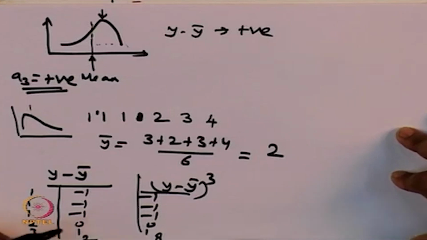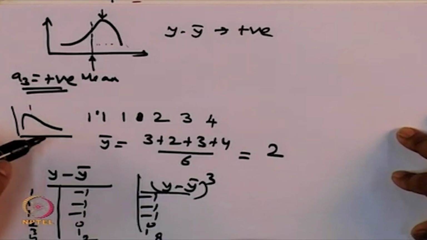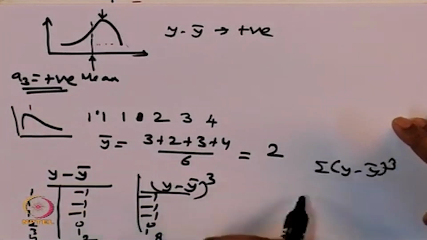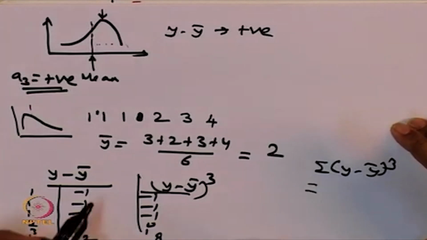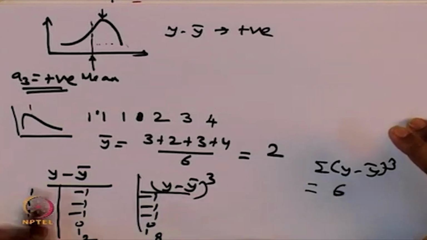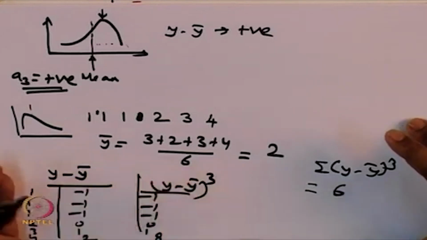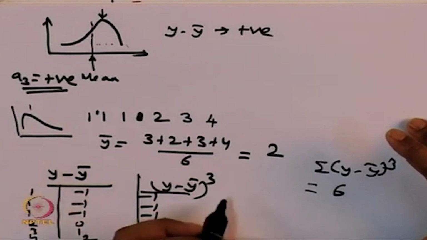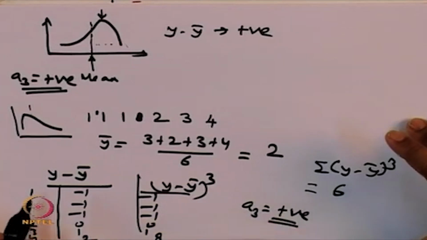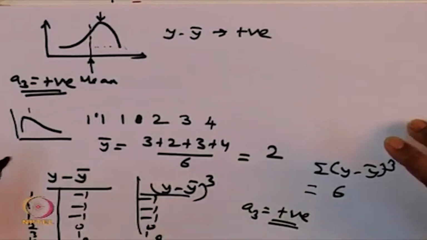Okay. So, in this particular case, even though the distribution is skewed to the left, I can see that the summation of y minus y bar whole cubed will give me a positive value. So, though it is skewed to the left, A3 is still giving me a value which is positive.